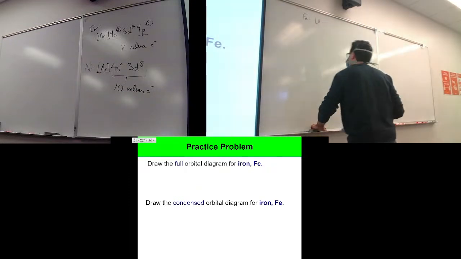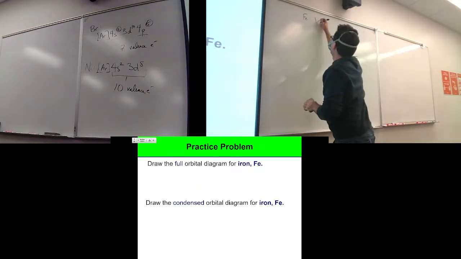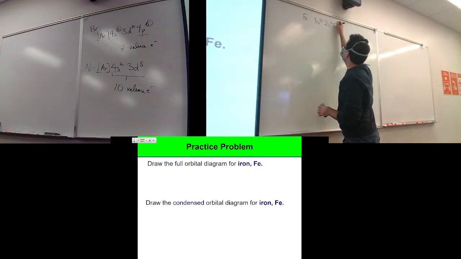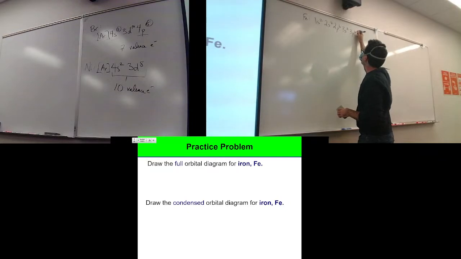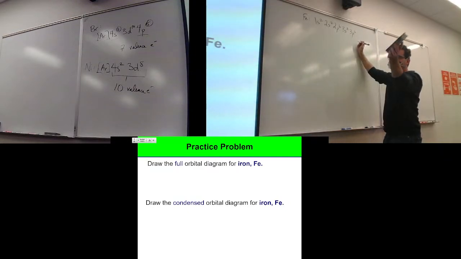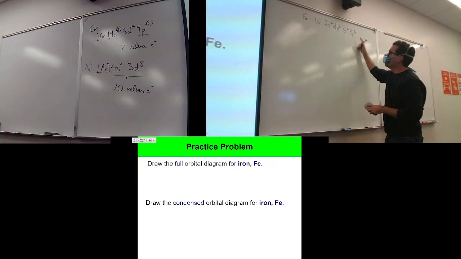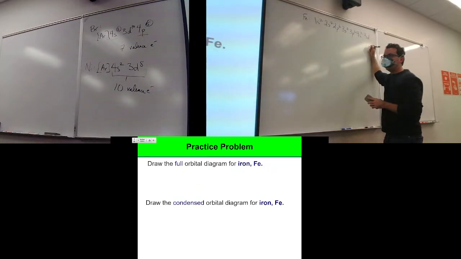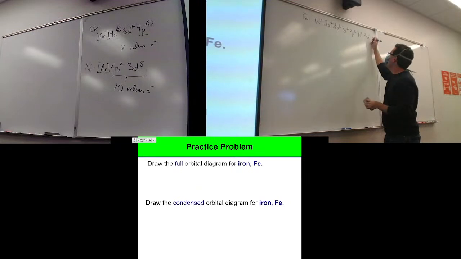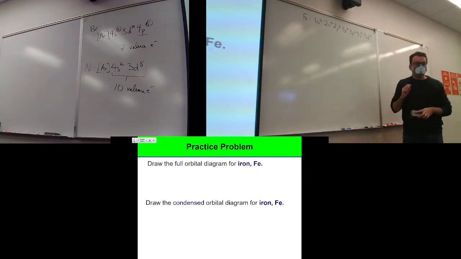Actually, let's do the whole thing. 1s2, 2s2, 2p6, 3s2, 3p6. And I'm just kind of scanning the periodic table just to come up with these. After 3s is the 4s, and it's filled, and then after 4s is the 3d. And we count over 1, 2, 3, 4, 5, 6. There we go, that's the electron configuration.